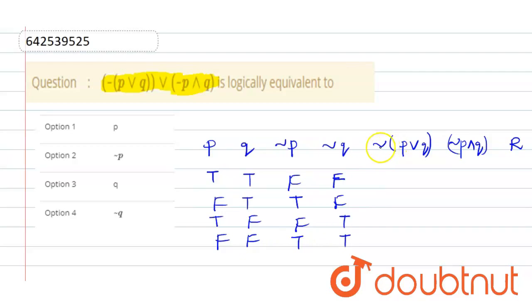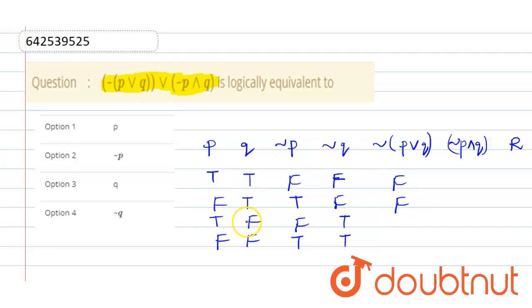So P or Q, applying the OR condition, here we get true, and true again, but there is a negation, so negation of true we get false here. False or true, we get true, but there is a negation, so we get false.